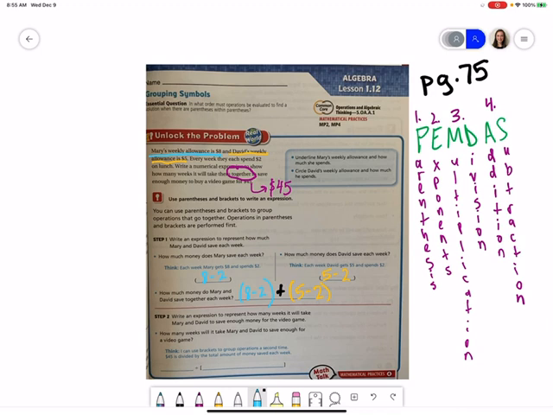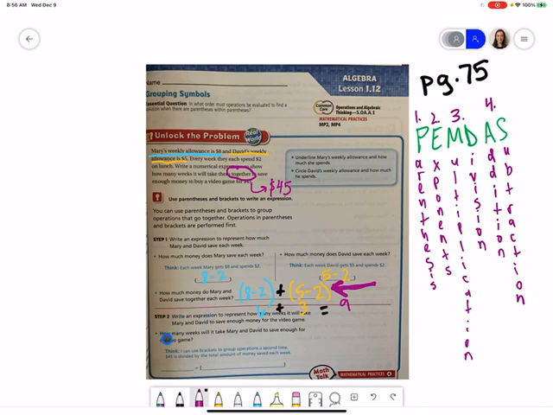What's in the parentheses is 8 minus 2, which is 6, plus 5 minus 2, which is 3, so 6 plus 3 is 9. That's how much money they make each week. But for right now, we're just going to leave it in this top form. We don't need to solve quite yet, because we have more to this problem.